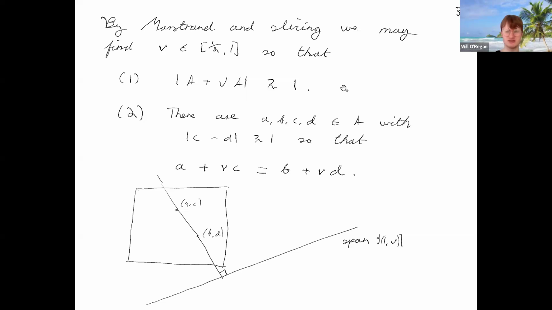You can also use the Marstrand slicing theorem in tandem with this. You find this projection where it preserves the dimension.